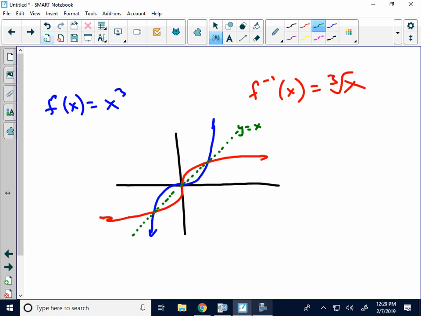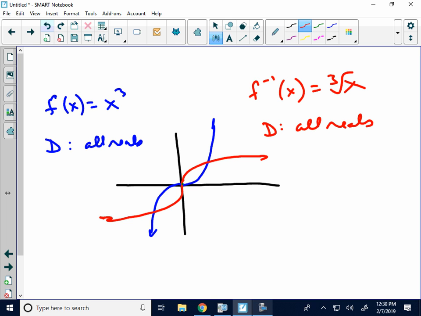Okay, but just ignoring that for a sec, could you talk about the domain of each of these? So the domain of the y equals x cubed function is all reals, and the domain of the cube root function is also all reals.